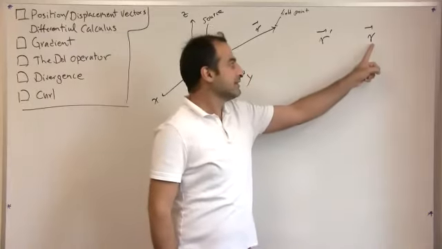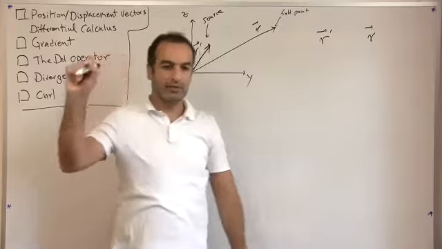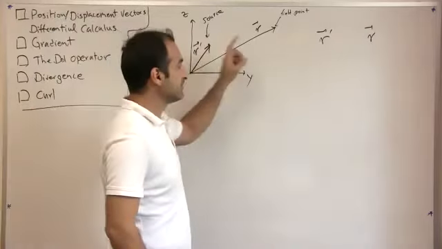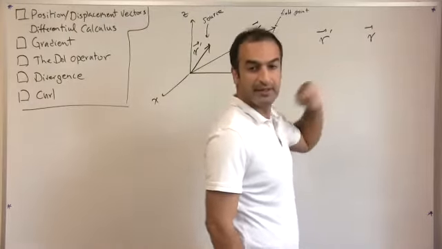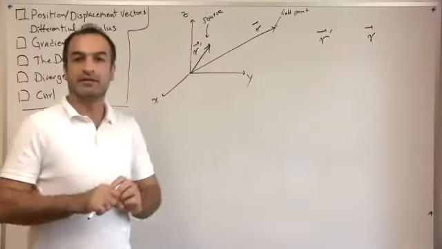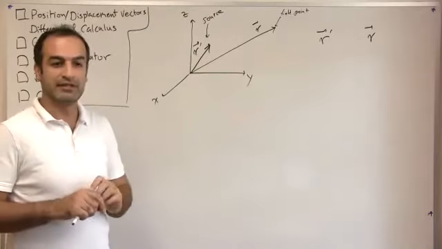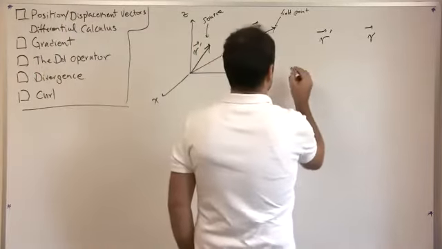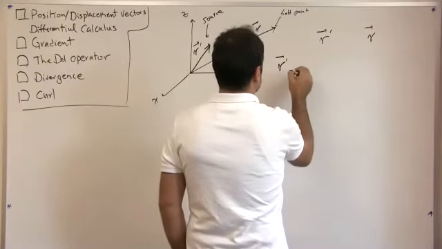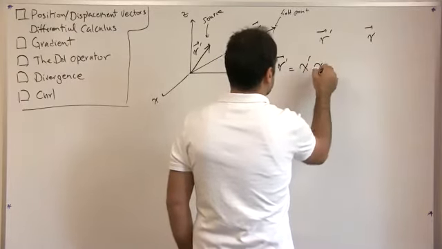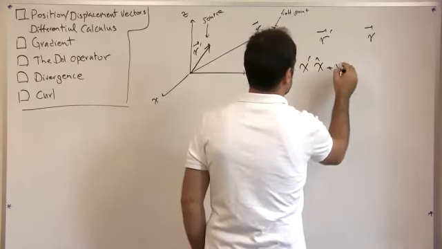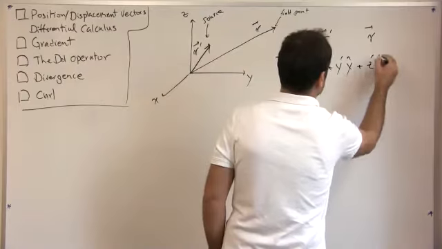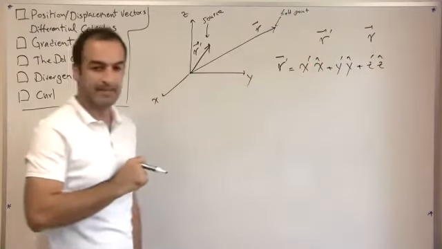And if we are referring to r, that is one point in space, could be very, very far away from any charge distribution, but we are trying to calculate the magnitude and direction of the fields and so on, okay? So r prime in Cartesian coordinates can be broken down in terms of x prime x hat, plus y prime y hat, plus z prime z hat, okay?